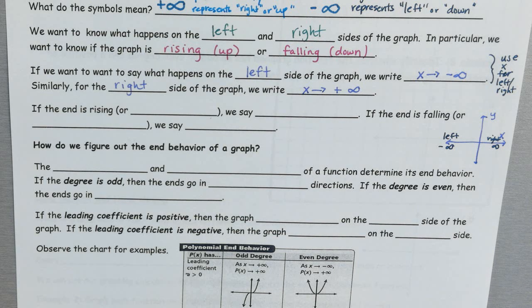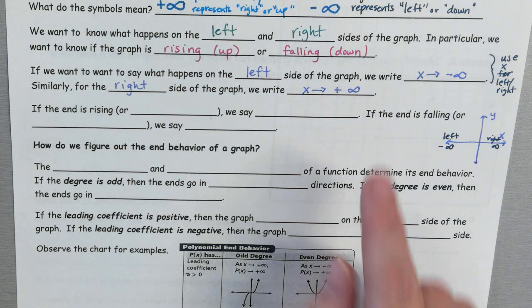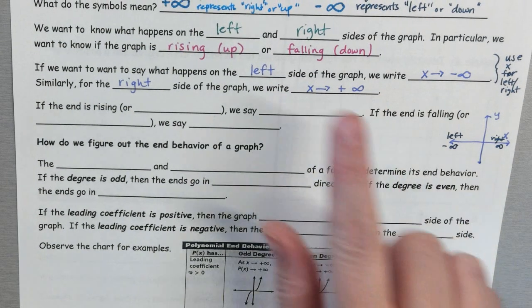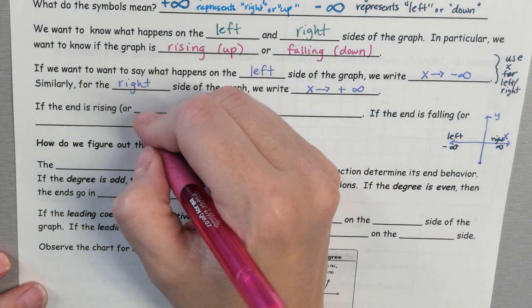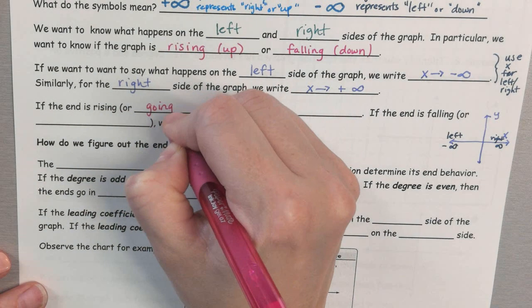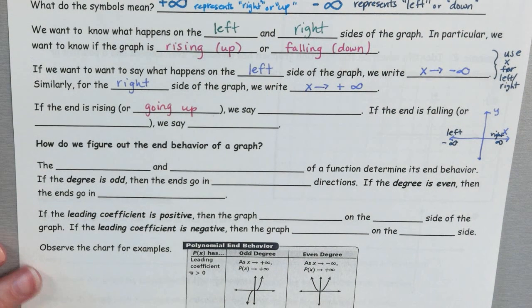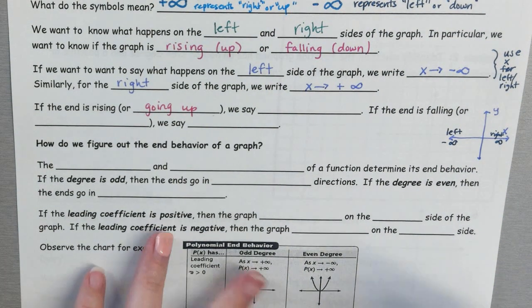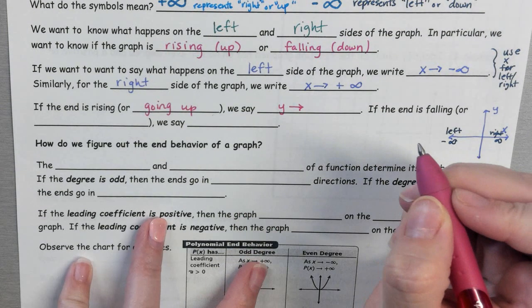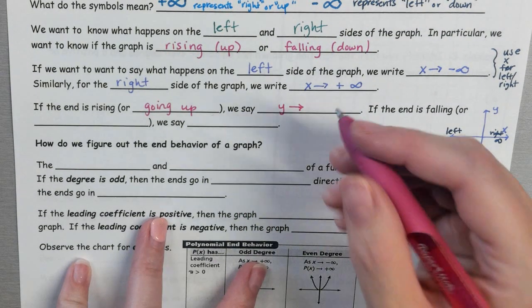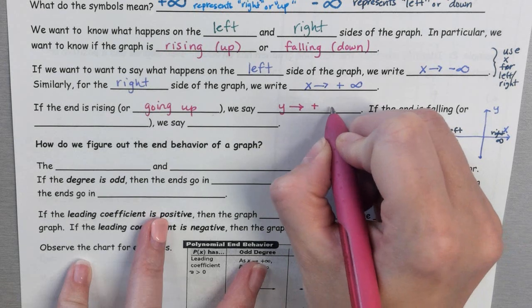Okay, so we said we want to know what happens on the left and right. This is how we're going to use these, but we also want to know if it's going up or down. So if the end is rising or going up, what we would say is, and this is interchangeable, so sometimes we say y, other times you'll see p of x or whatever the function is.